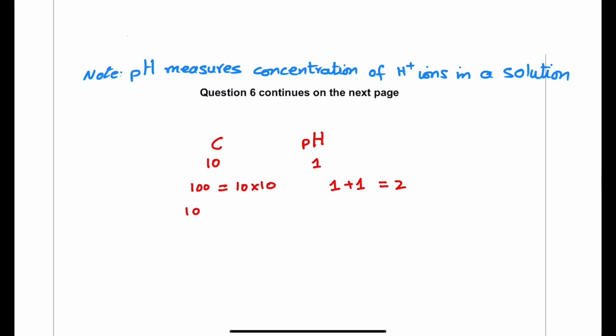If we have the concentration 1000, it means we can write 1000 as 10 into 10 into 10. The pH changes by a factor of 3. For each 10, the change is 1 plus 1 plus 1 is equal to 3.